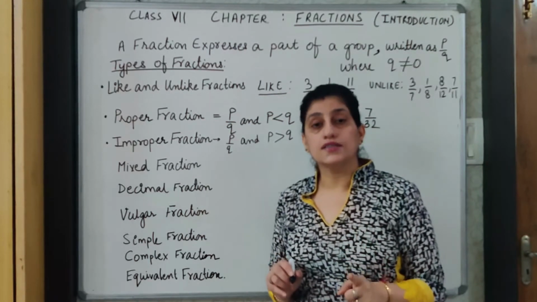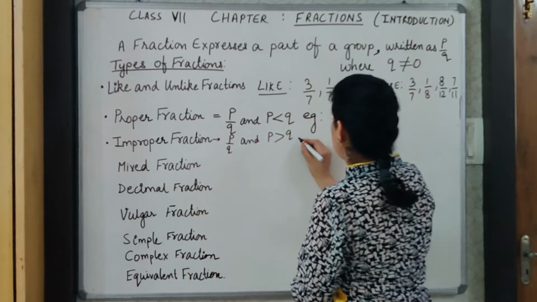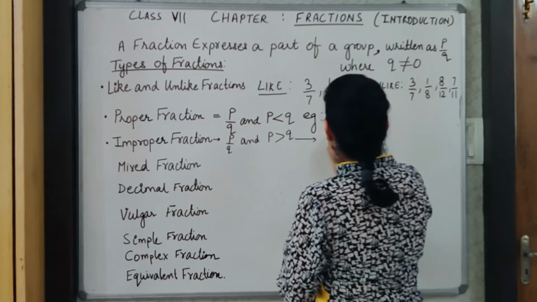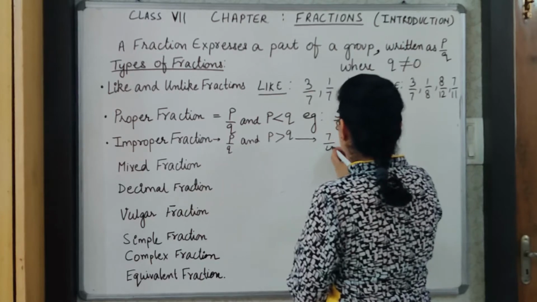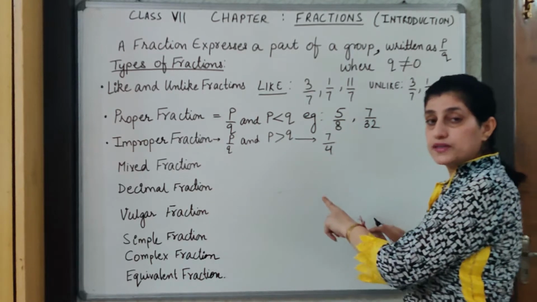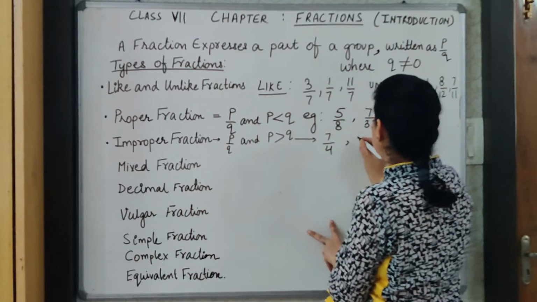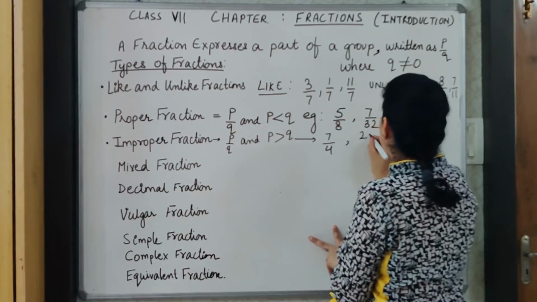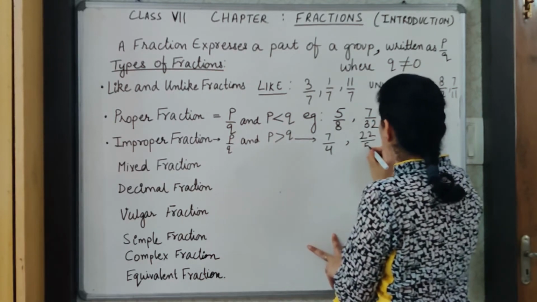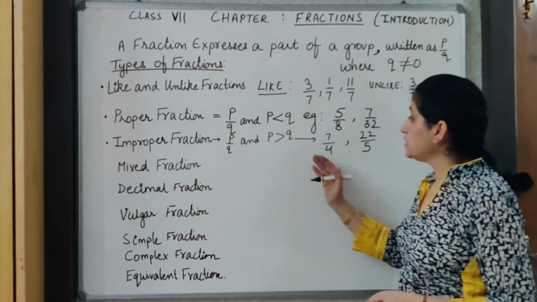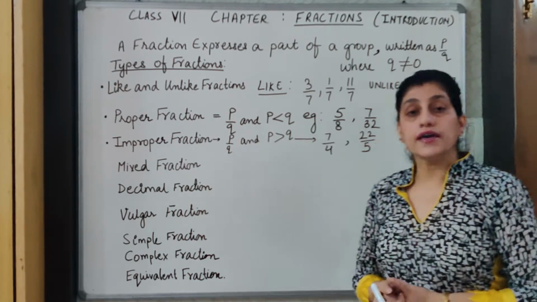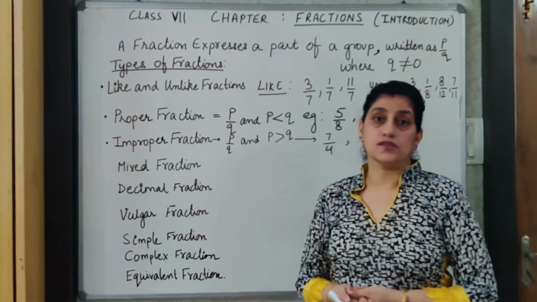An example of this will be, say, 7 upon 4. The numerator is bigger than the denominator. Then I can have 22 upon 5. Such fractions are called improper fractions.